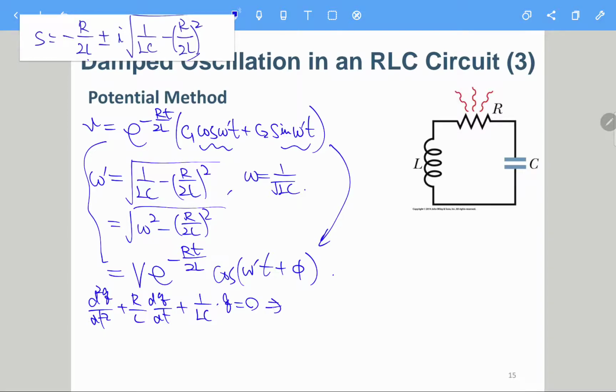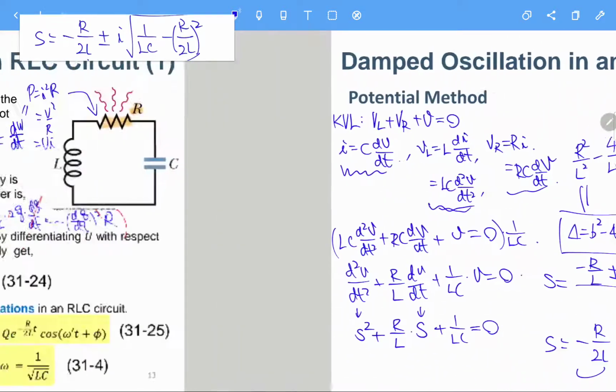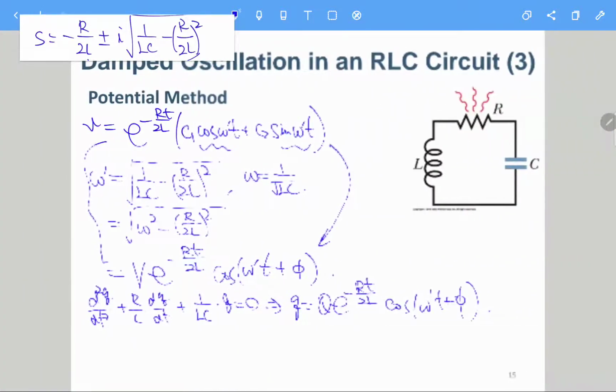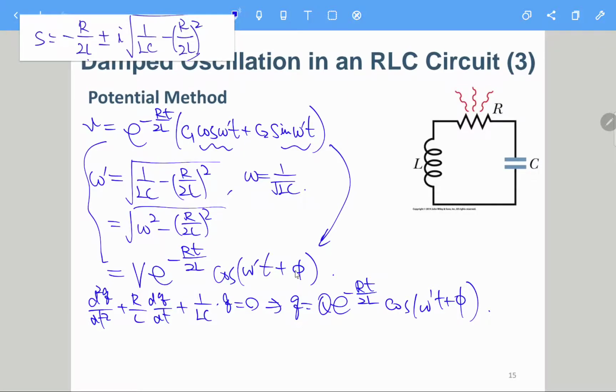So we also have q to be Q exponential to minus Rt over 2L, and then cosine omega prime t plus phi, which is actually the same form as this solution. Omega prime is this one. So as long as you know how to solve the second order ODE, then you will know why it looks like this.